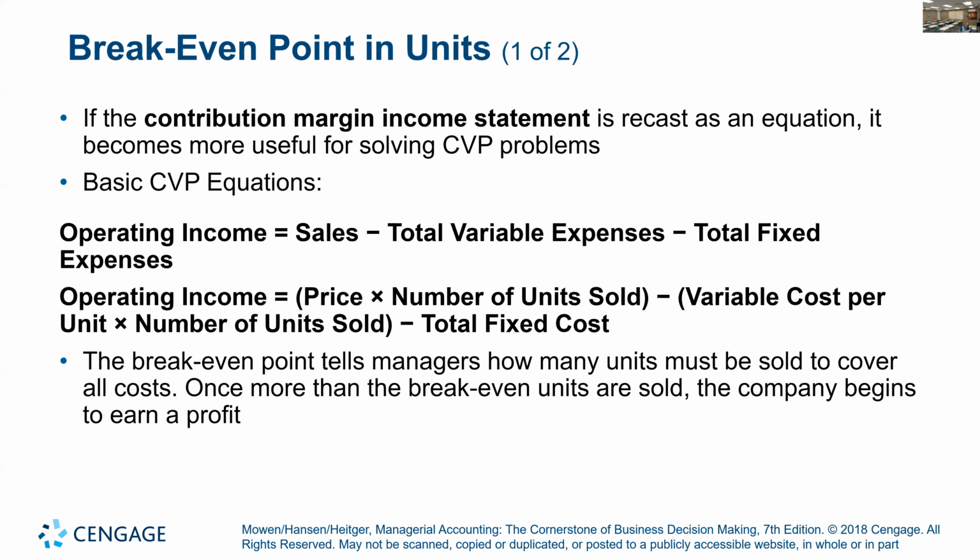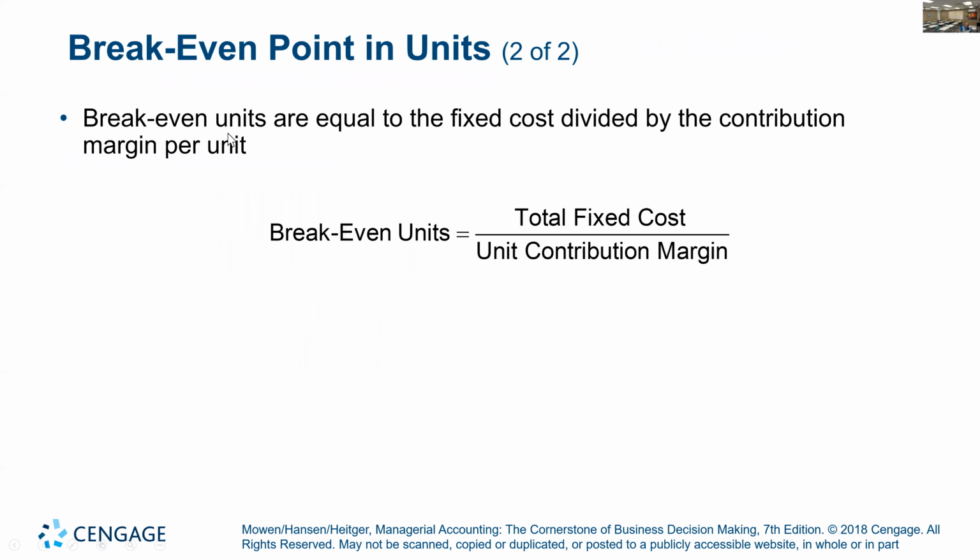Because now we're going to be talking about break-even points. Break-even point, this is the formula that you're going to need to know. Total fixed cost divided by the unit contribution margin. Now that's what I was just talking about there. When you take the selling price minus the variable cost per unit, you get a unit contribution margin.